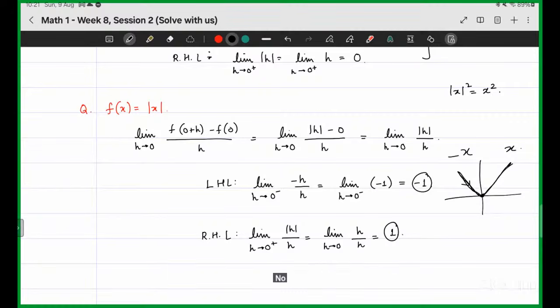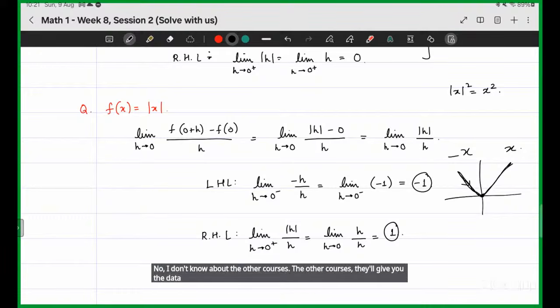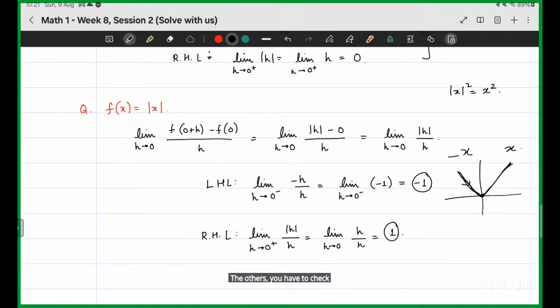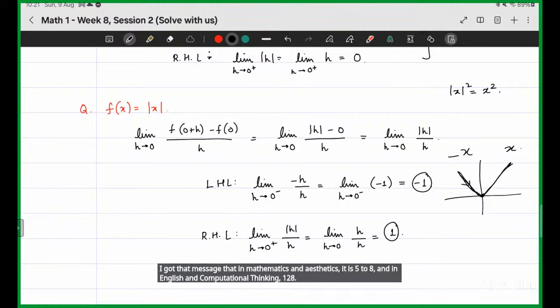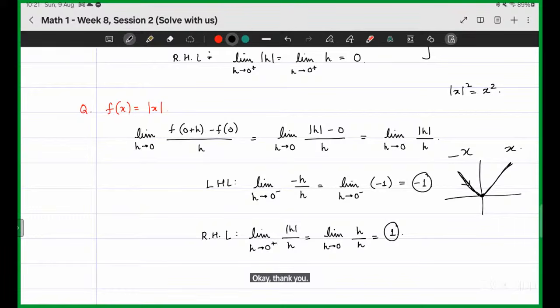I don't know about the other courses. They'll give you the data in the form of a sheet or in a discourse post. I can only tell you that for Math 1, it is 5 to 8. The others you have to check with fellow candidates. I got that message that in mathematics and statistics it is 5 to 8, and in English and computational thinking 1 to 8. Okay, thank you. It's okay.